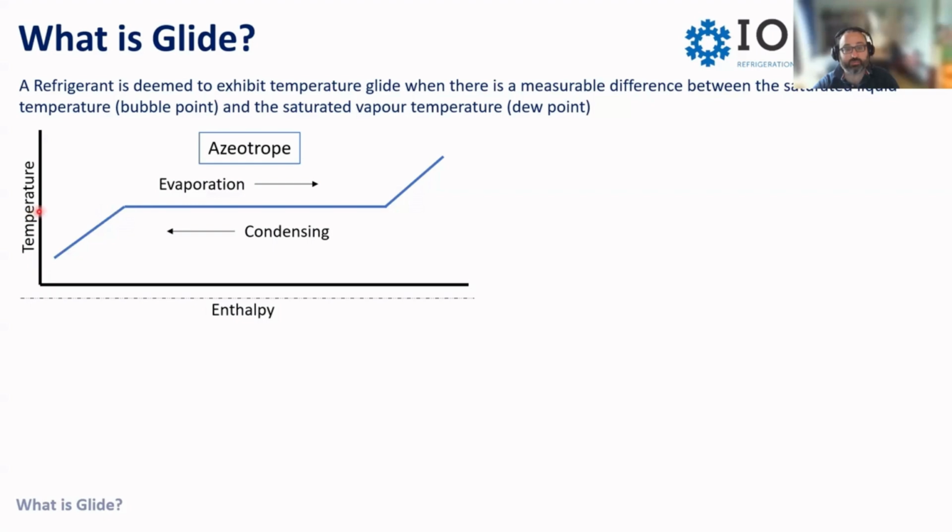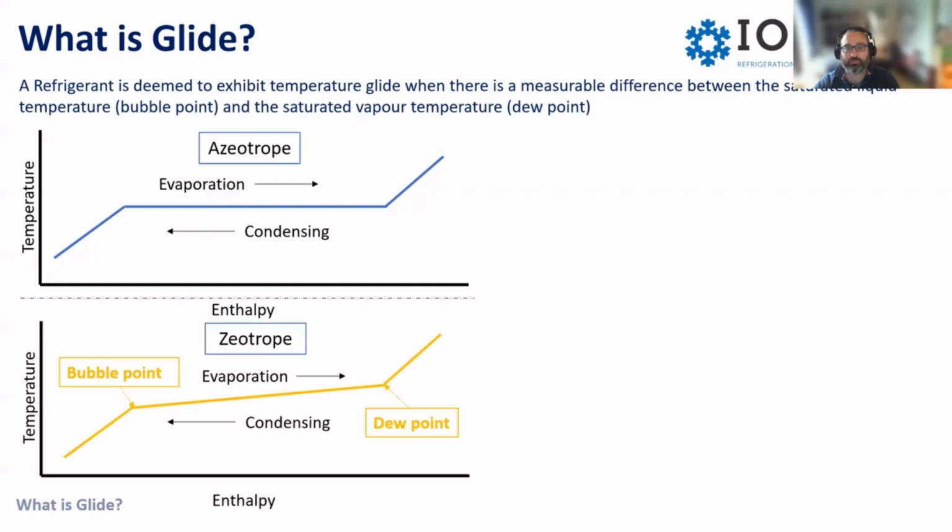Then when we start to boil, we get no change in temperature, but a change in enthalpy until we fully evaporate our liquid and it becomes, in this case, steam, and we heat the steam further, and that increases temperature normally. And that is pretty much what we're all taught in our refrigeration courses.